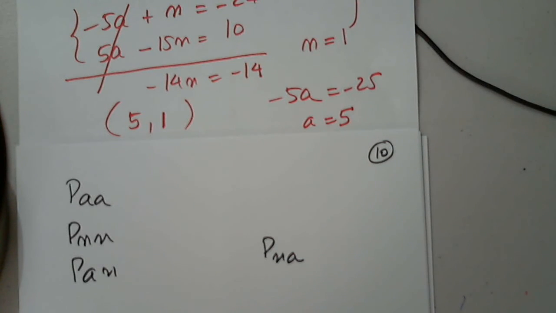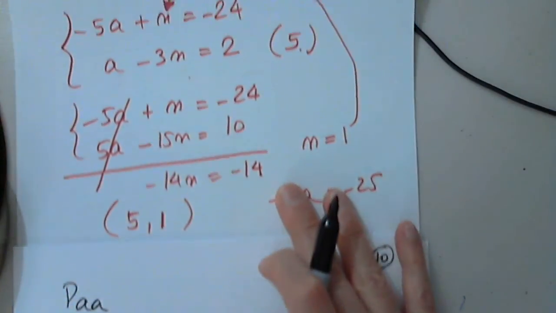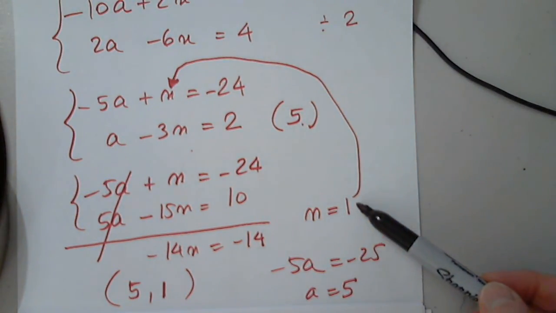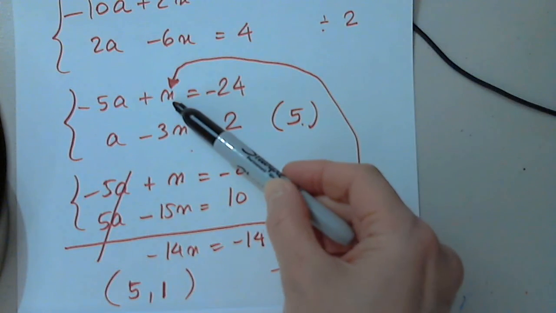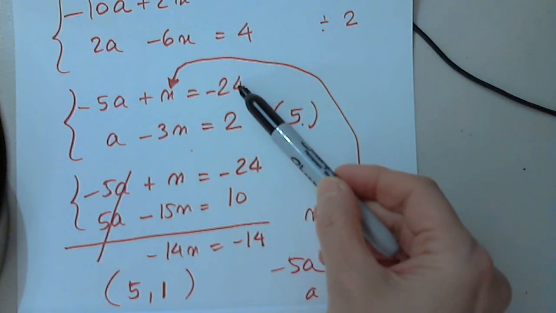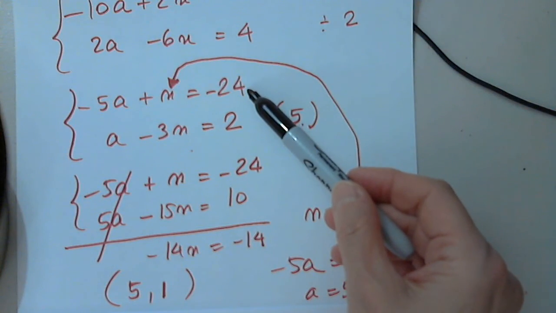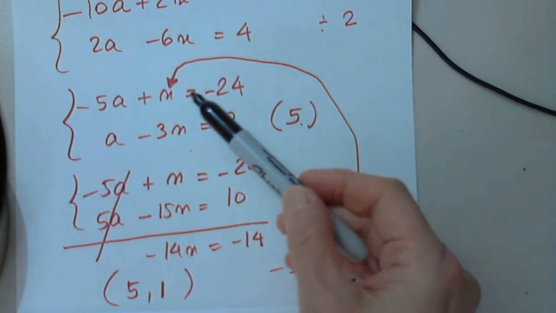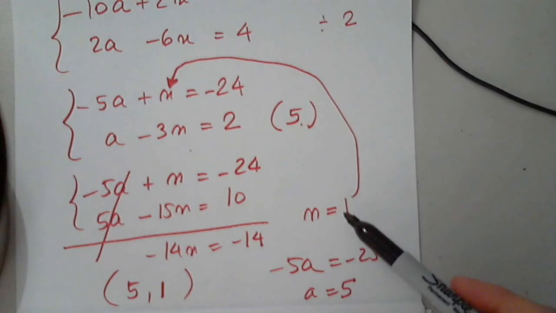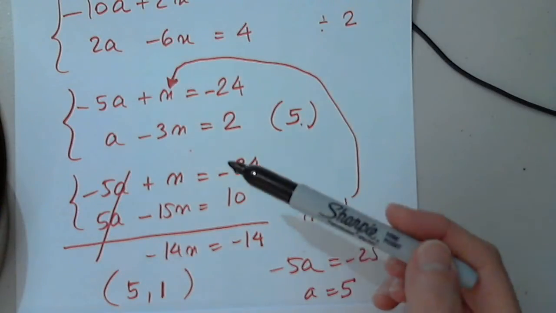Where'd you get the 5a equals negative 25 and then a is equal to 5? Okay. So this was 1. We move it to the other side, we get negative 25. Okay. Is that better? That's why I showed it here. It doesn't matter where you go back.